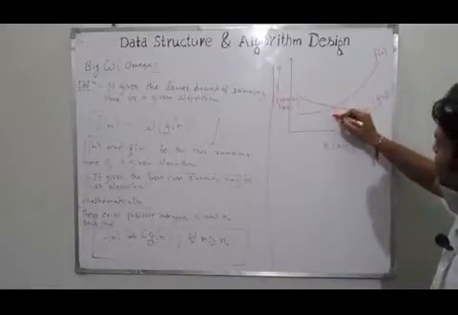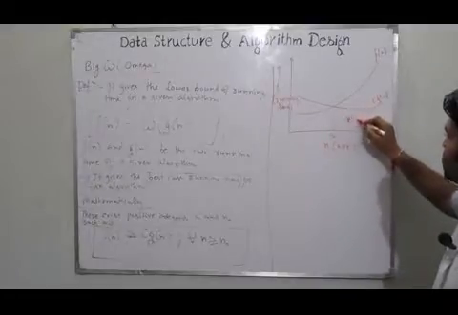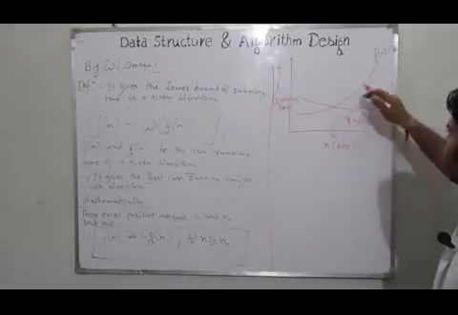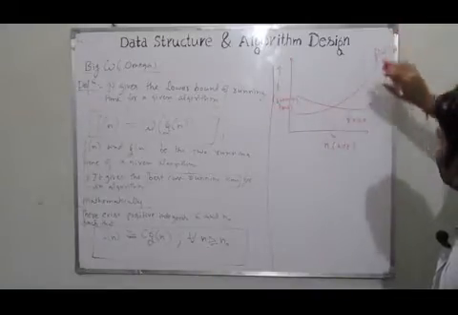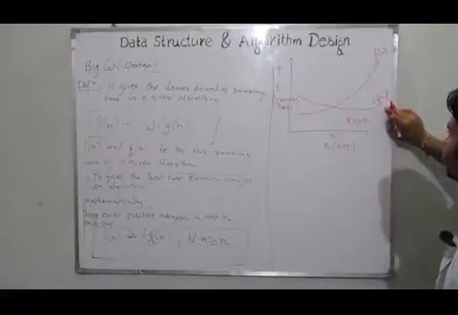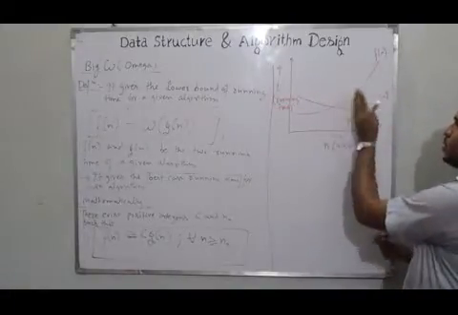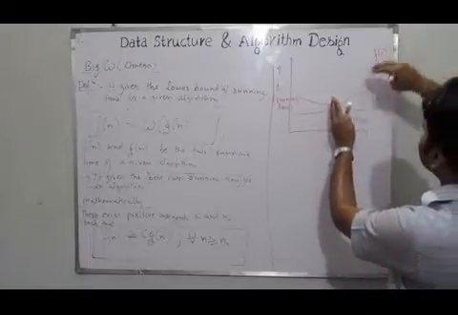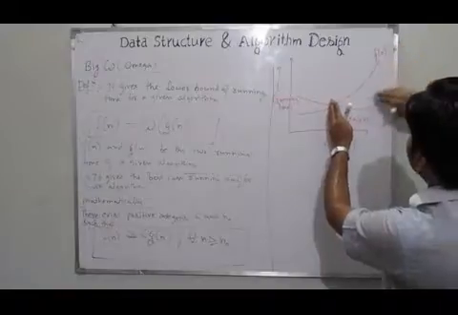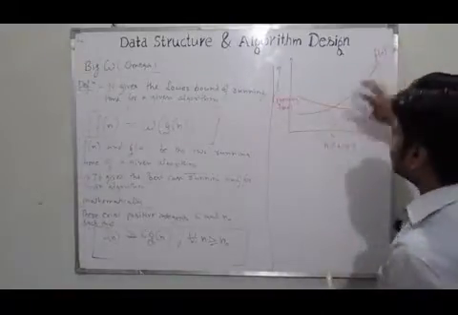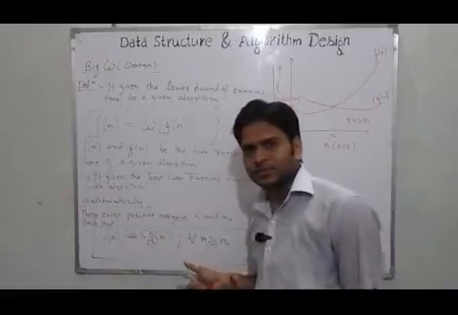We can see that there is some point n naught after which f(n) keeps increasing as compared to C g(n). So for all n greater than n naught, f(n) is always above C g(n), and this justifies the mathematical expression.